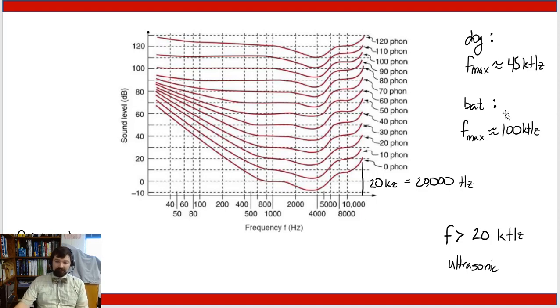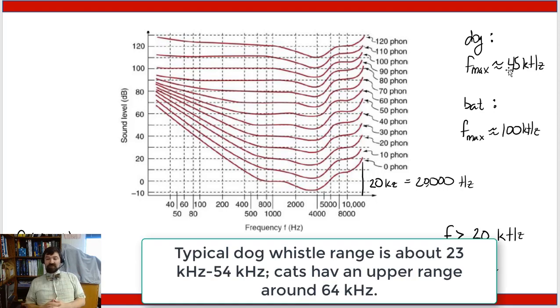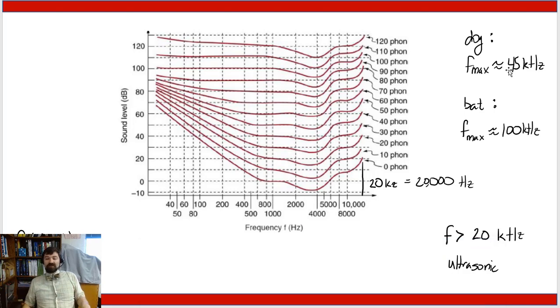And so if you have a dog whistle and you blow on it, it emits a sound at 30 kilohertz. This is well beyond our hearing, but well within the dog's hearing. Even 25 kilohertz would be beyond our hearing, but well within the dog's hearing. So you can make these whistles to call dogs that don't bother people, that people can't hear, but the dogs hear just fine.